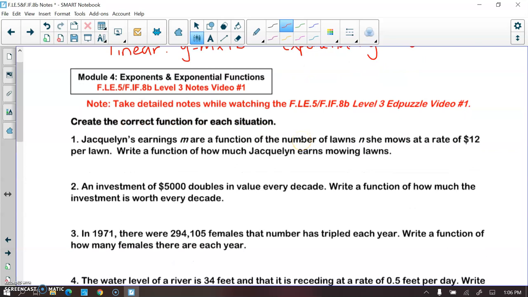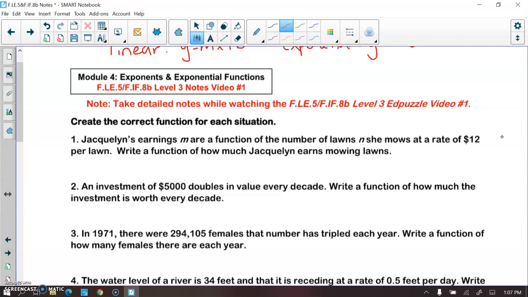For number one, Jacqueline's earnings M are a function of the number of lawns N she mows at a rate of $12 per lawn. Write a function of how much Jacqueline earns mowing lawns. If Jacqueline mows one lawn, she will earn $12. If she mows two lawns, she will earn $24.